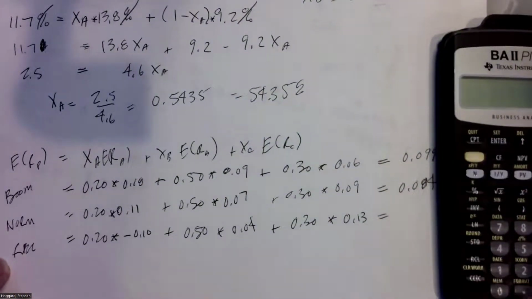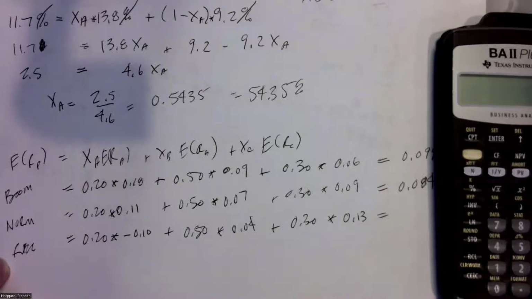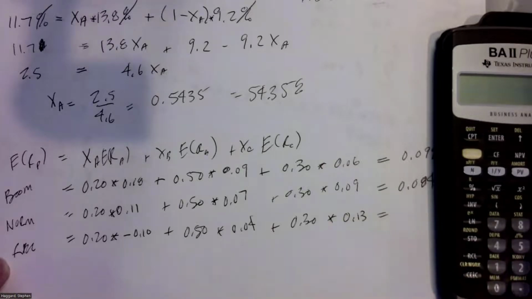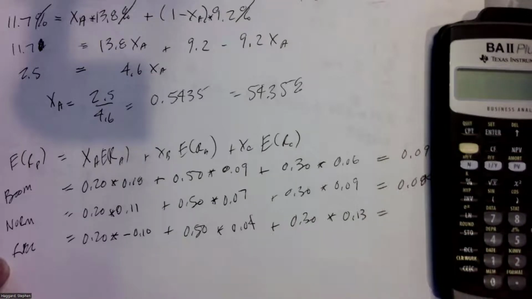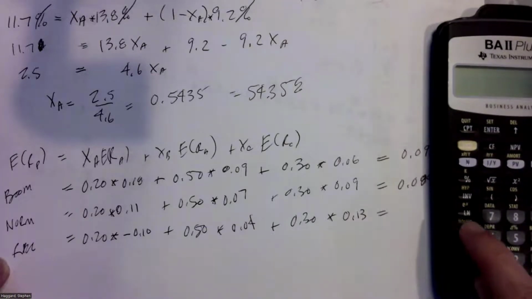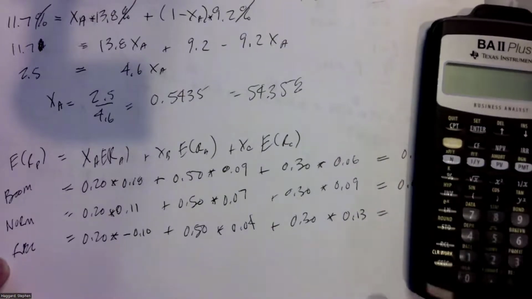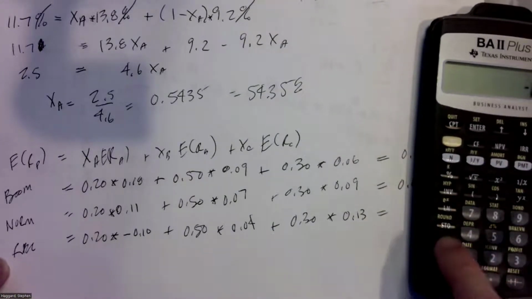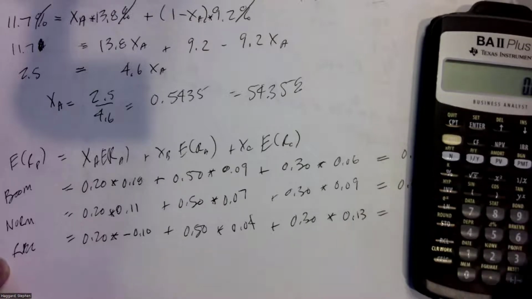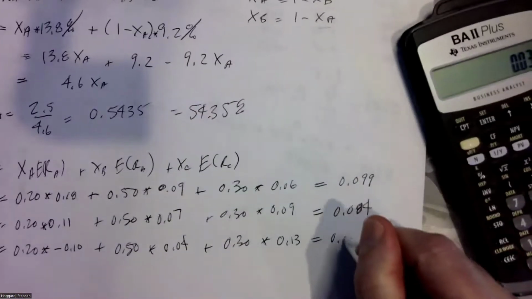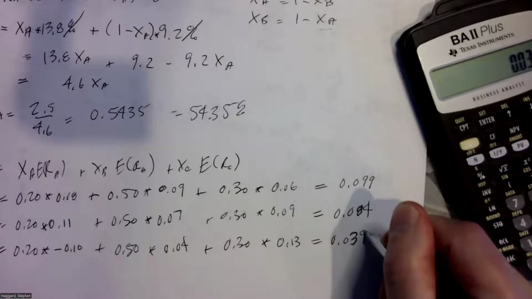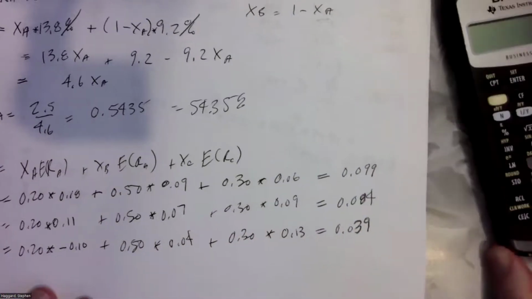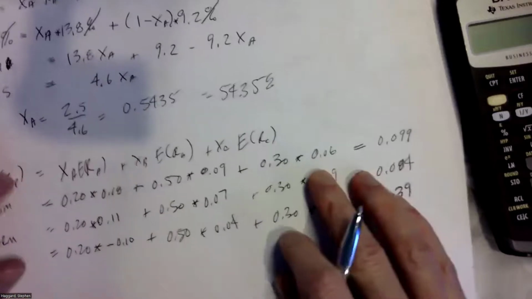I'm going to say 0.2 times negative 0.1 equals store 1. 0.5 times 0.04 equals store 2. 0.3 times 0.13 equals store 3. Recall 1 plus recall 2 plus recall 3 equals. I'm getting 0.039. Ms. Baldwin, is that what you get? Yeah. Very good.